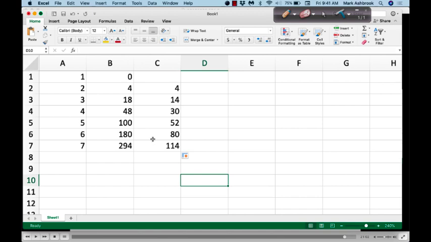So what would these numbers represent? So I'm looking at each of these changes, right? So the change from 0 to 4, the change from 4 to 18, the change from 18 to 48. As your index changes by 1. What would these numbers be like? How much it changes, okay, but what?